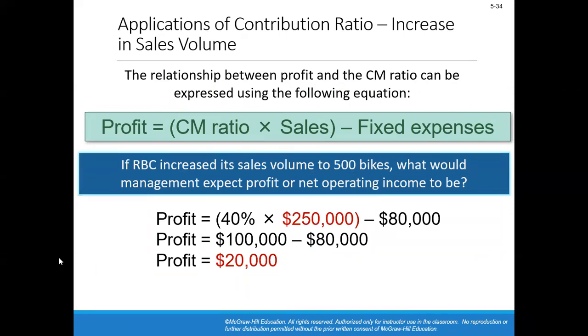Now, we would like to see more applications of the contribution ratio by taking another case, where there has been an increase in sales volume. As long as fixed expenses remain constant, there should be no role of fixed expenses if we want to see the incremental profit for the incremental sales.